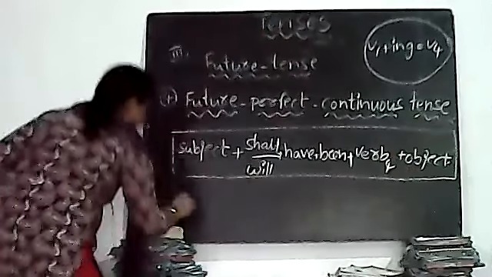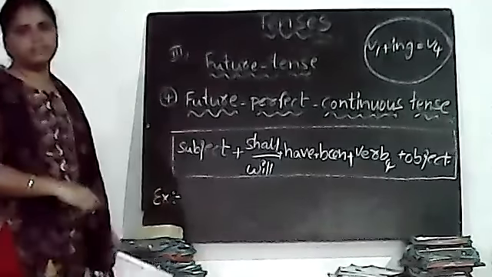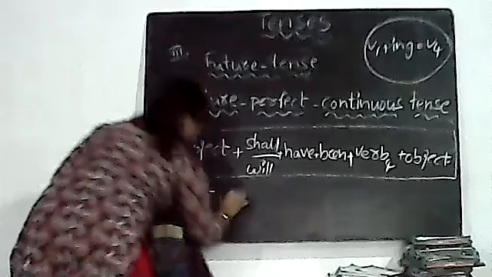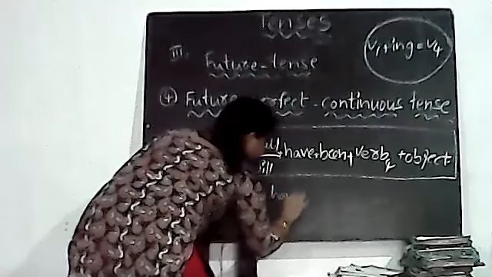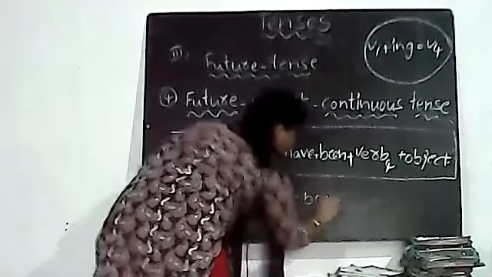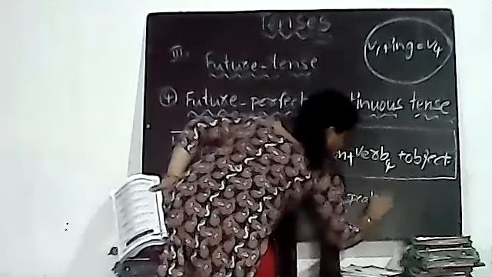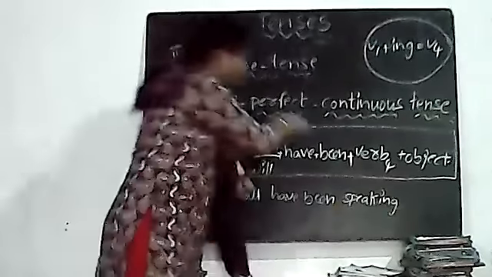So again I write the example, and I take only the singular person I. I shall have been. Verb 4: speak plus ing goes to speaking. So verb 1 ing goes to verb 4.